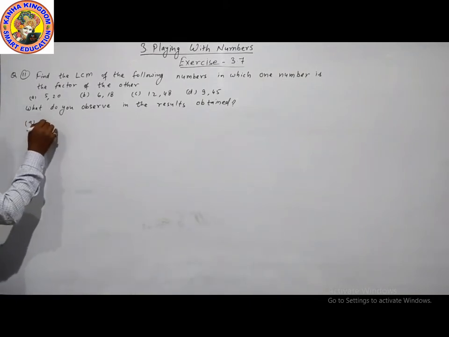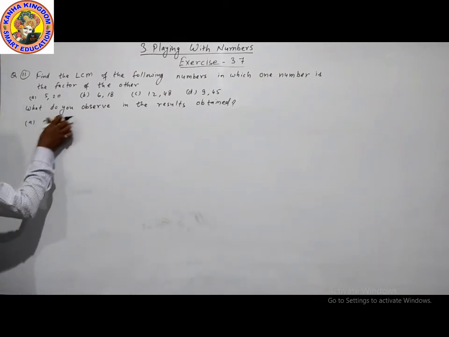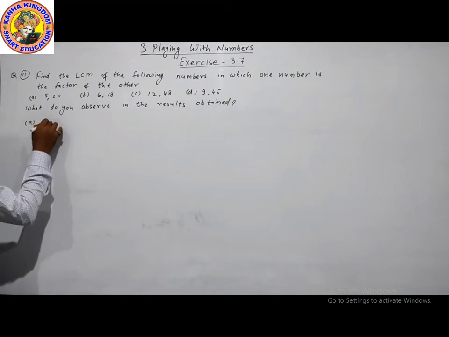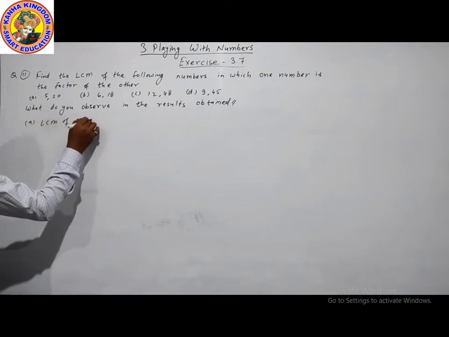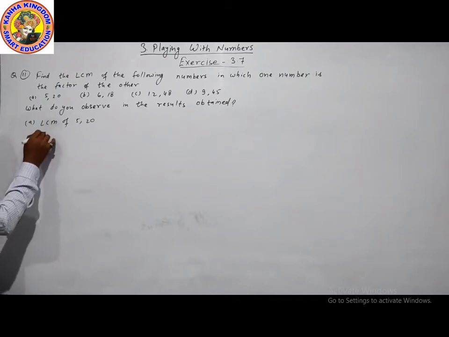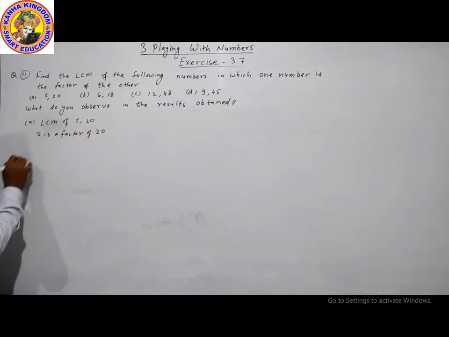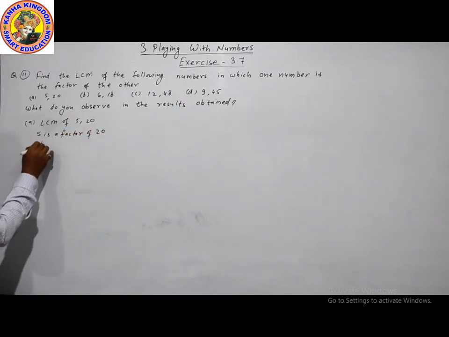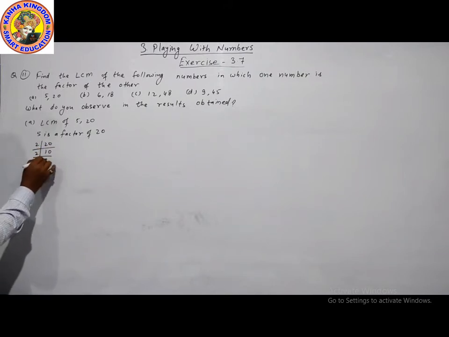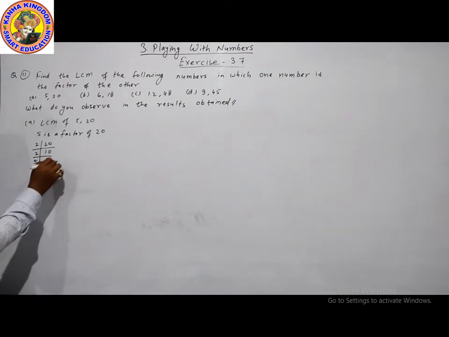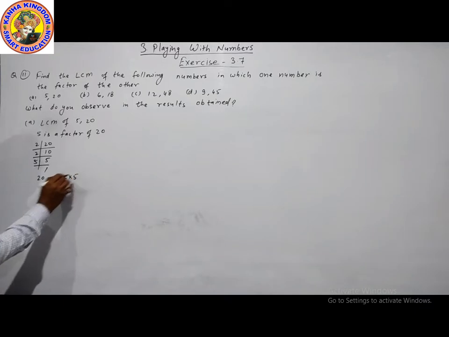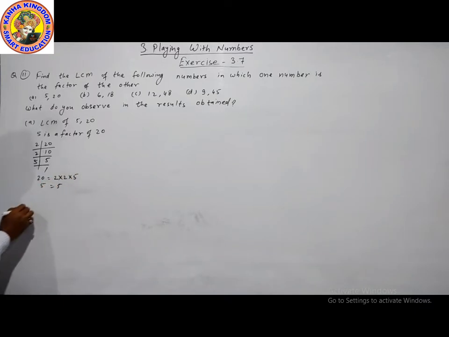Part A. LCM of 5 and 20. 5 is a factor of 20. Now taking prime factorization, 20 can be written as 2 into 2 into 5 and 5 can be written as 5.